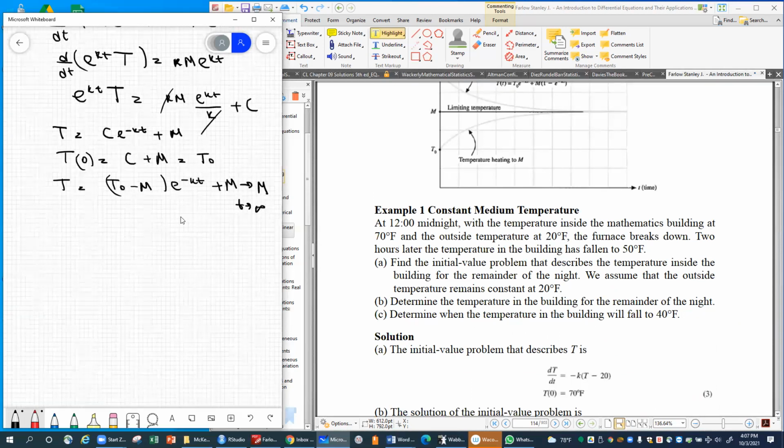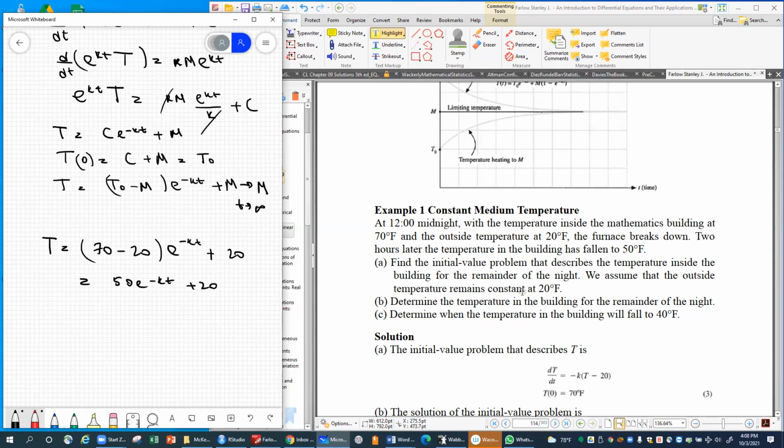So you have T equals (T0 minus surrounding) e^(-kt) plus surrounding. Initially it was 70, surrounding 20, so that's 50 e^(-kt) plus 20.